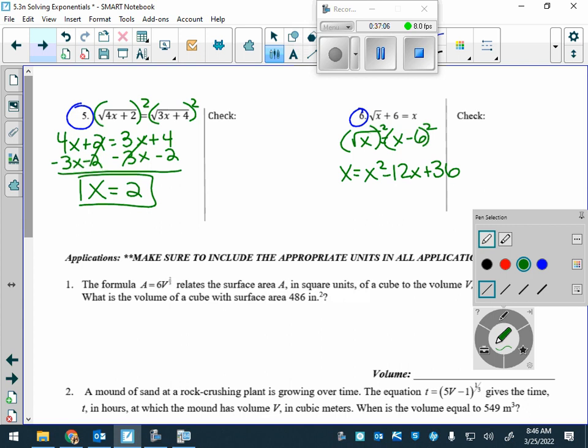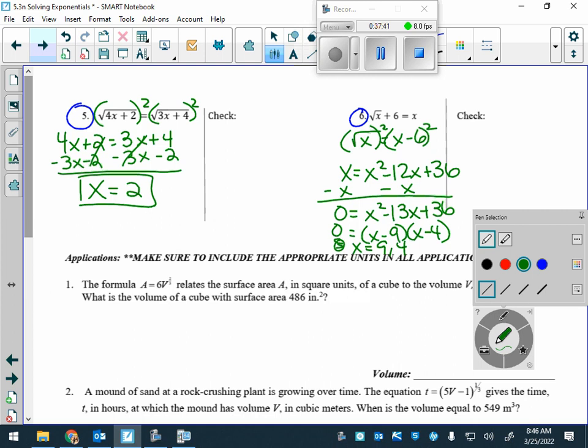Subtract x to set it equal to 0: x squared minus 13x plus 36. How would I factor that? What multiplies to 36 and adds to negative 13? Anthony? Negative 4. Yep. X minus 9, x minus 4. So x equals 9 or 4.